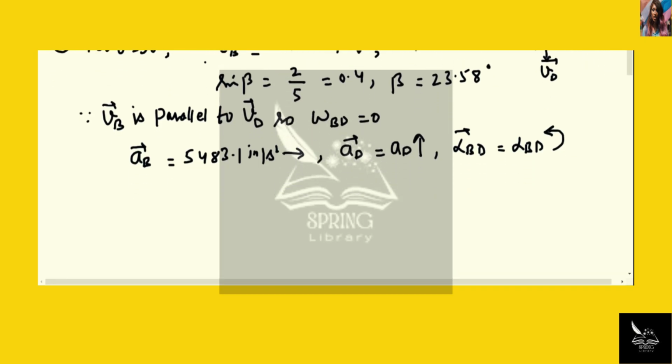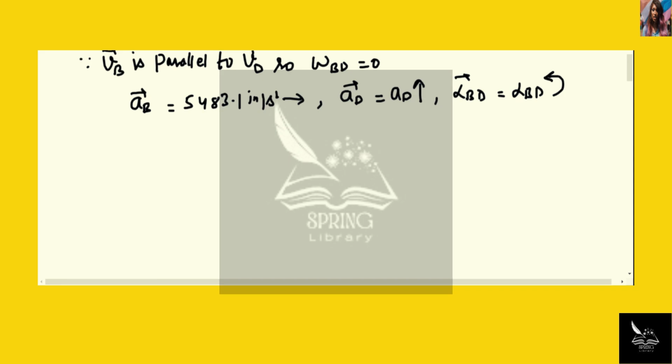So the acceleration of D with respect to B you can find as BD alpha BD, in the direction of beta, plus BD omega BD whole square in this direction, but omega BD is 0.